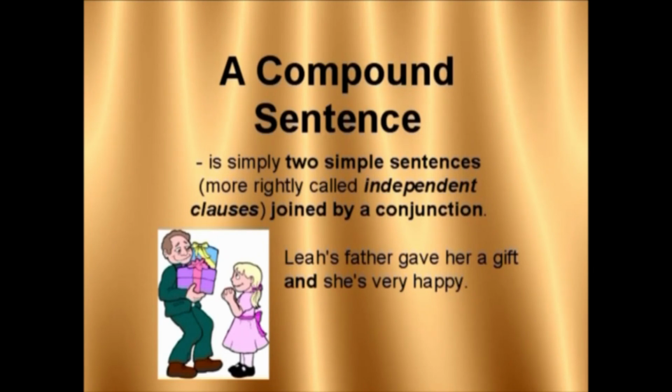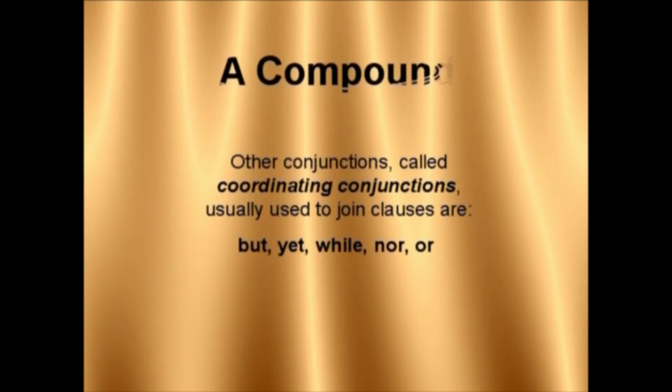These are called independent clauses. These 2 clauses are joined by the conjunction and. Other conjunctions, more specifically called coordinating conjunctions, usually used to join clauses are but, yet, while, nor, or.